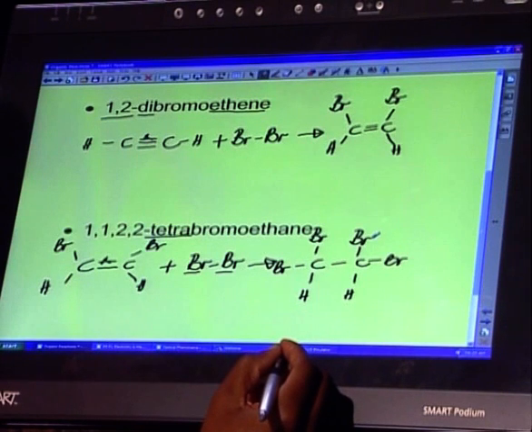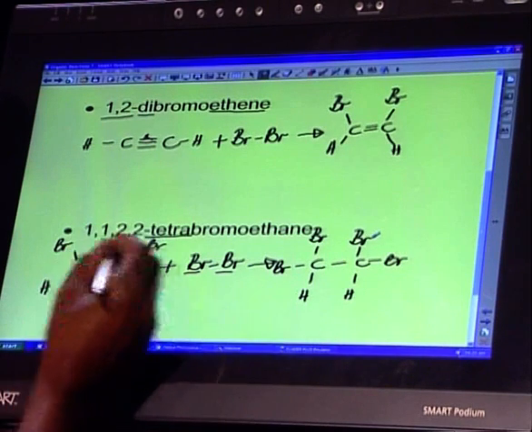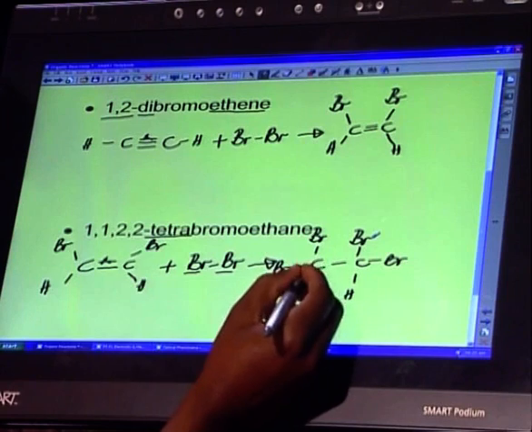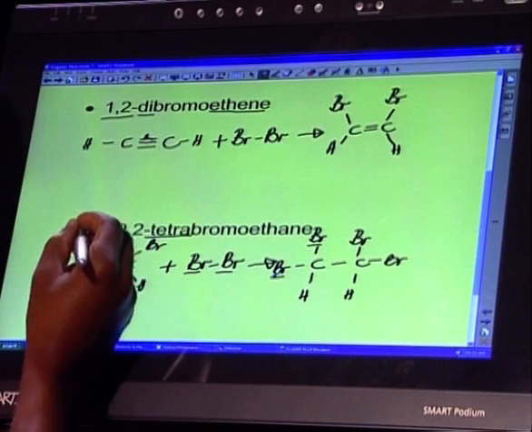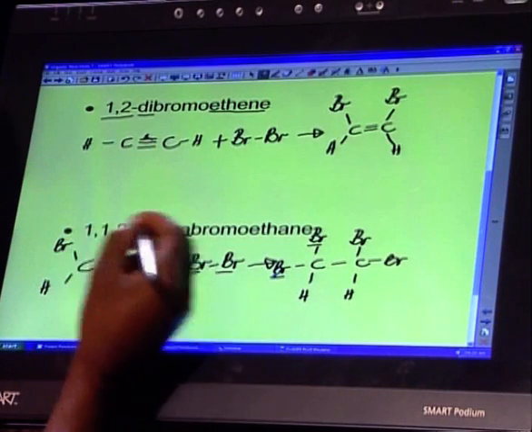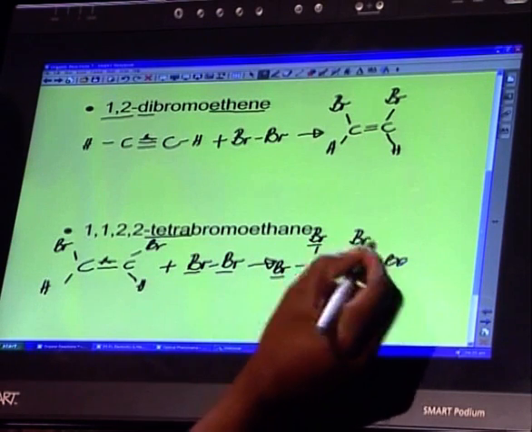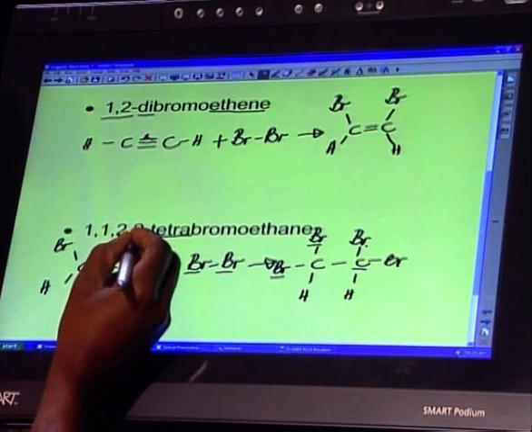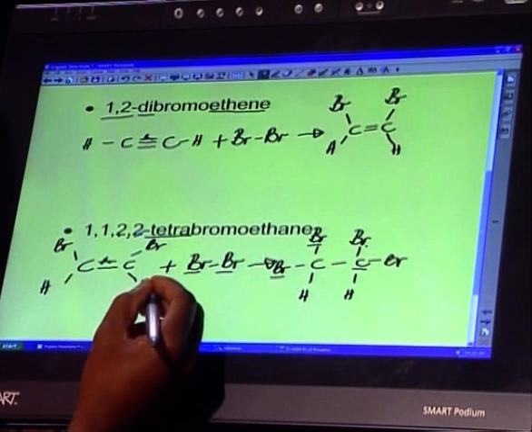So what do you have here now? You've got exactly that. On carbon atom number 1, you've got 2 bromine atoms, so 1,1. On carbon atom number 2, you have again 2 bromine atoms, 2,2. Tetrabromoethane.